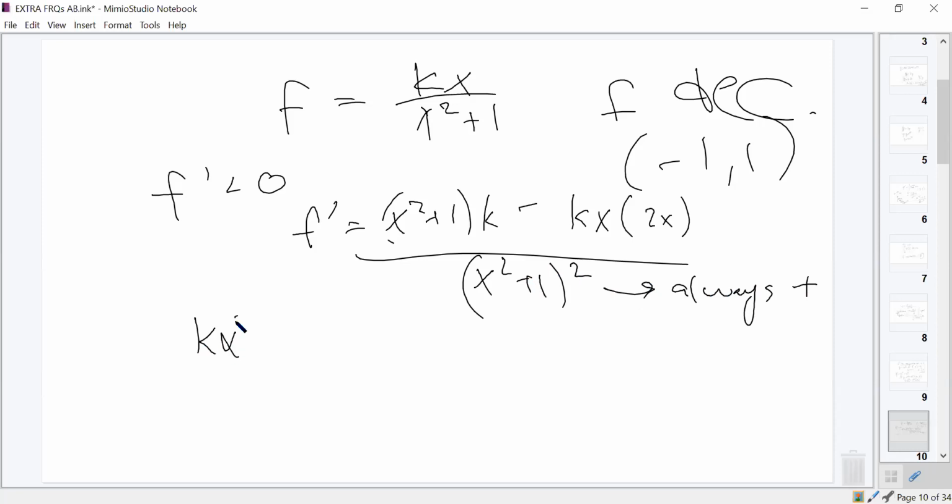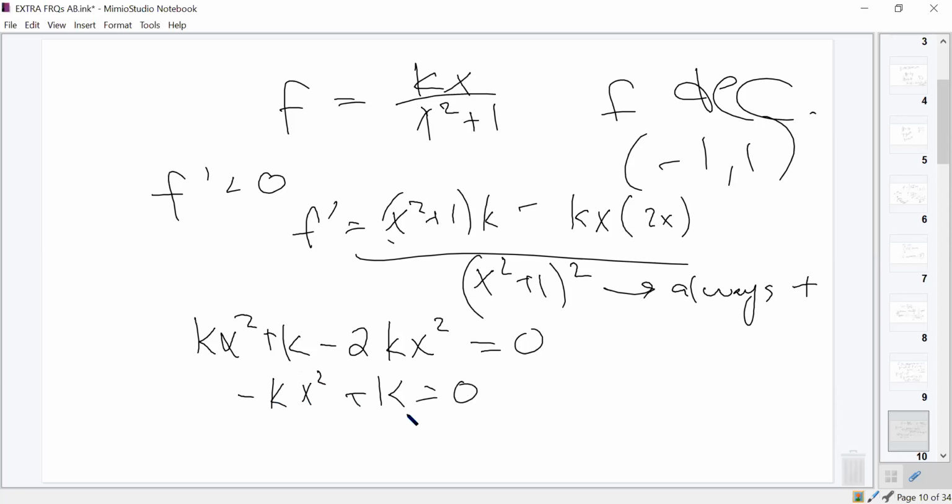We have kx squared plus k minus 2kx squared. We want that to be 0. So we simplify that down to get negative kx squared plus k equals 0. And if we want to solve that, we'll say kx squared equals k.